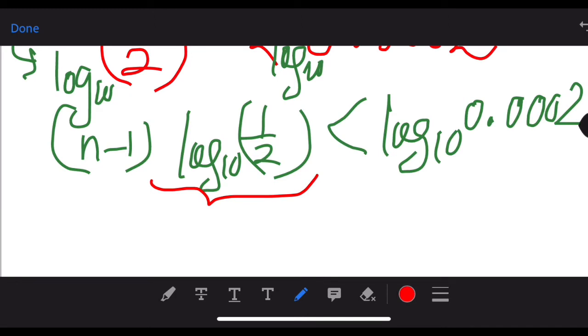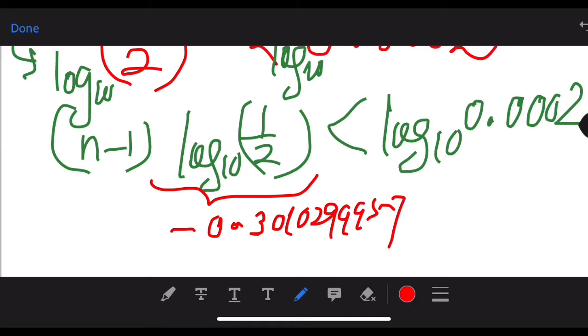So if you press the calculator, let's say you press log 0.5, you get negative 0.3010299957, right? So it seems like you're going to divide by a negative number, right?